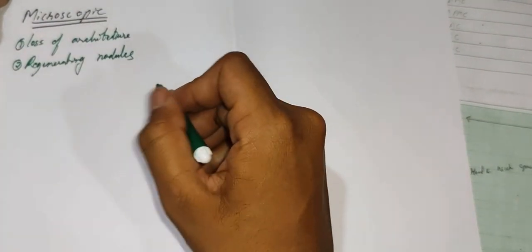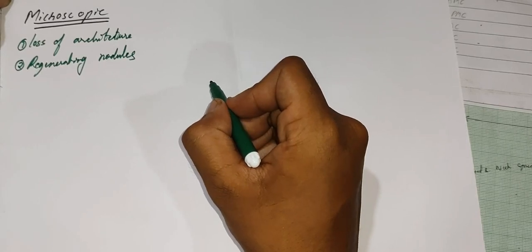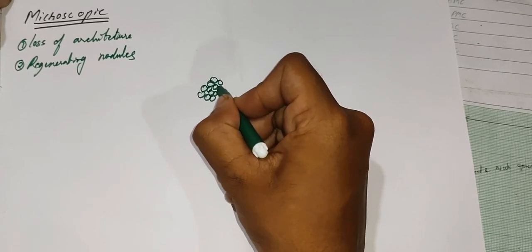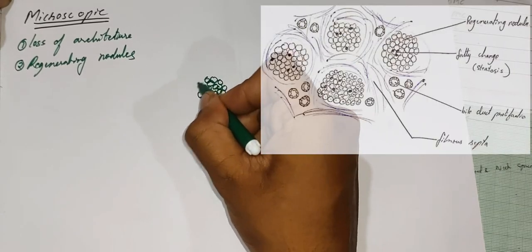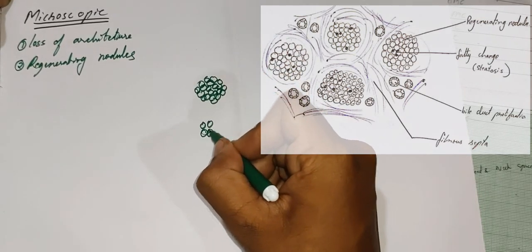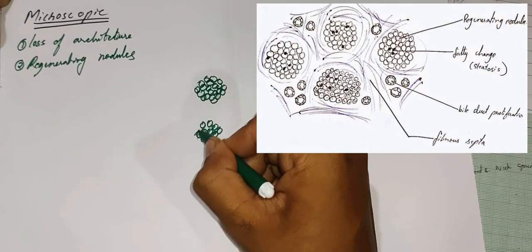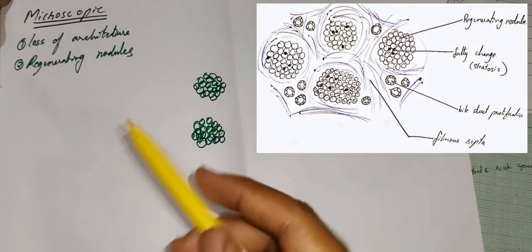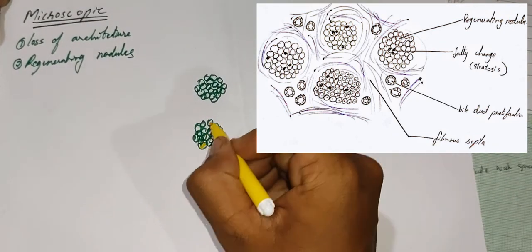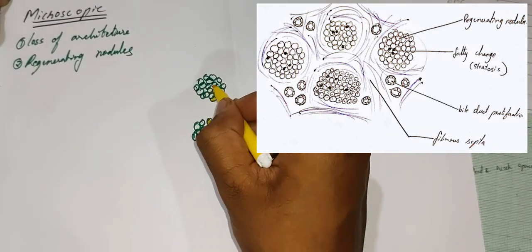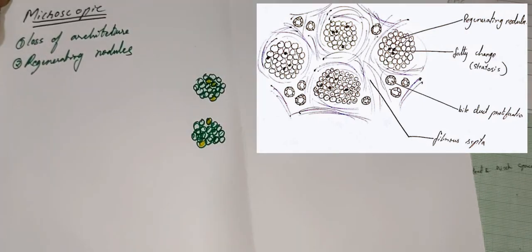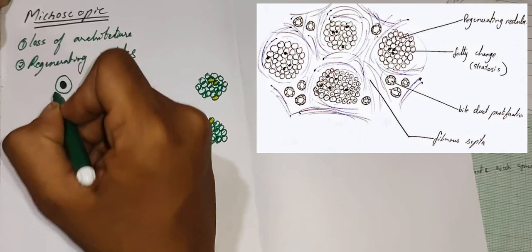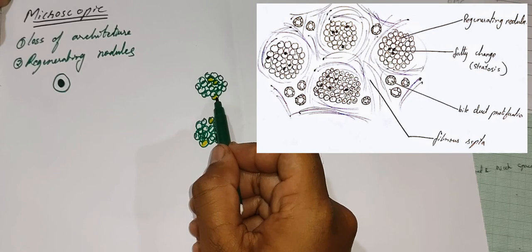In these regenerating nodules, the hepatocytes are arranged in the form of nodules, and in some of the hepatocytes you may see some fatty change. How do these hepatocytes look? They are round with a central nucleus, and in some of them you will be seeing some fatty change.